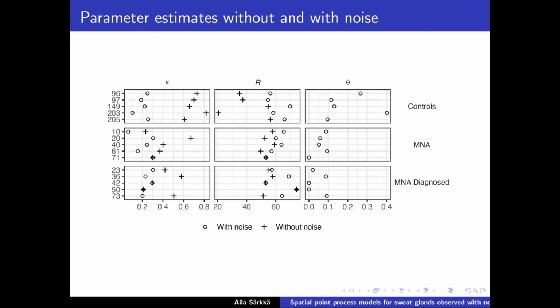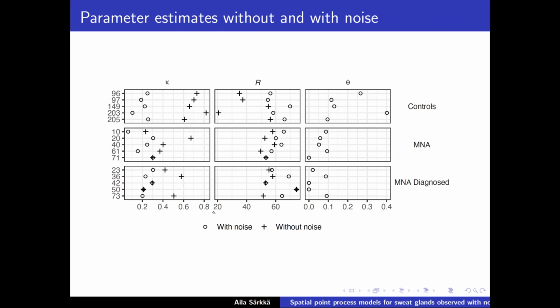And here are the parameter estimates. Everything here was done by maximum likelihood. First we can look at the parameters estimated without noise. These are the pluses, and we have only the interaction range and the soft core parameter kappa, without the mixture weight.